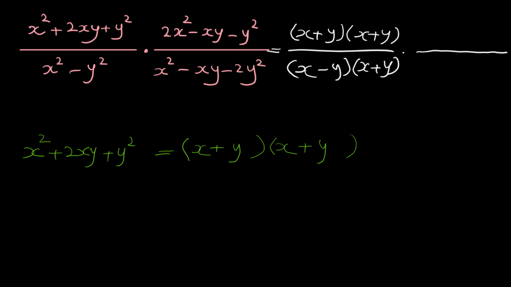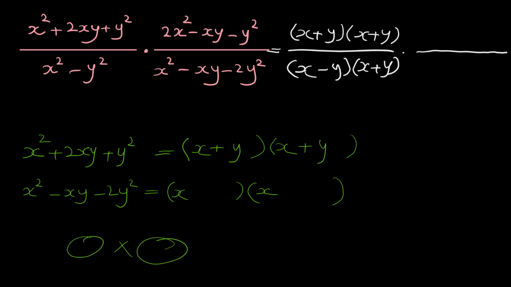Now, what about the denominator? What is the factored form of x^2 minus xy minus 2y^2? Again, we put two brackets, x in each bracket, because x times x is x^2. Now we are looking for two terms whose product is negative 2y^2 and whose sum is negative y.